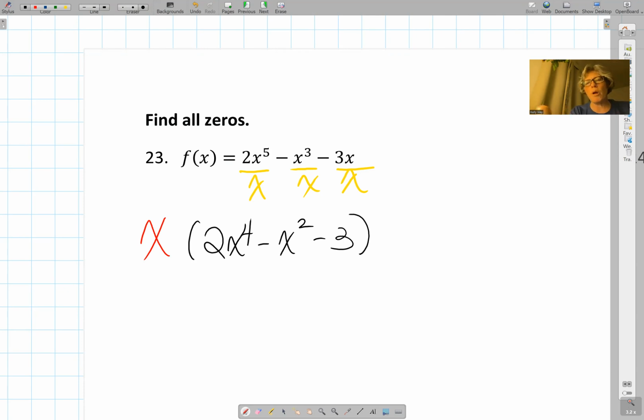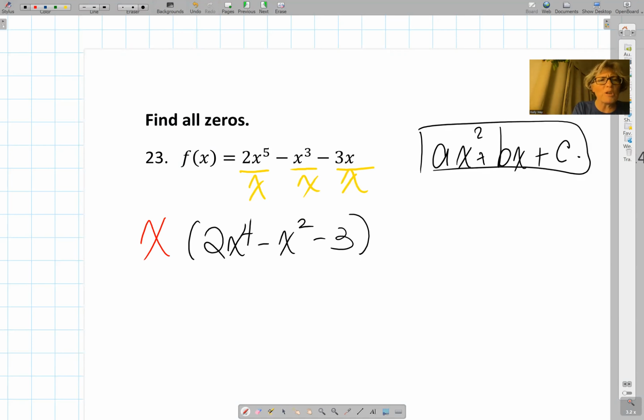Now, you're used to seeing polynomials. This is how you know when you want to substitute. You're used to seeing the standard form, ax squared plus bx plus or minus c. And you're like, this looks suspiciously like that, except my exponents are too high. So there's a little bit of a trick here.